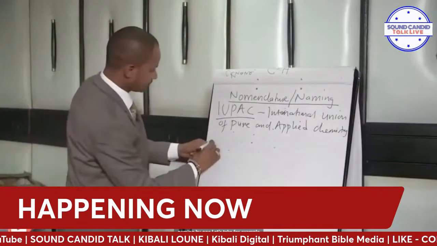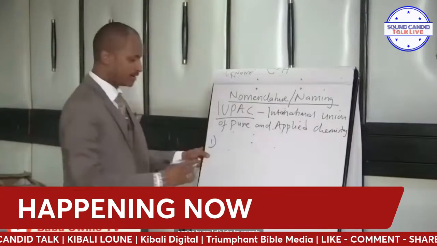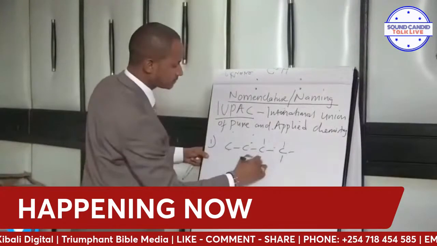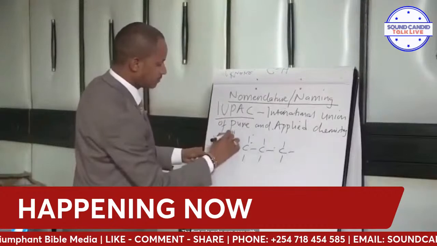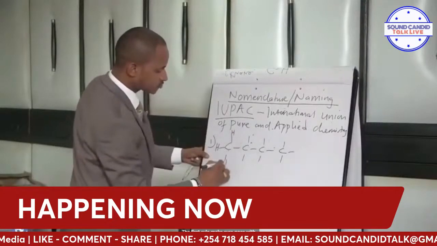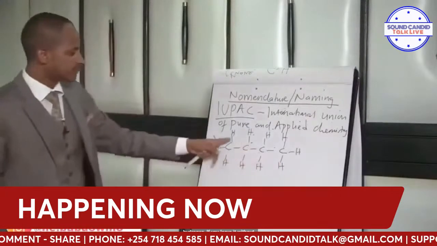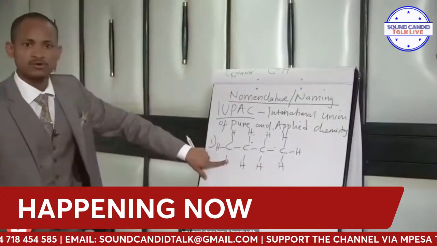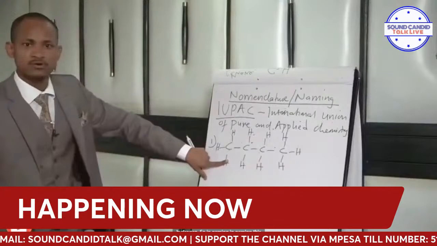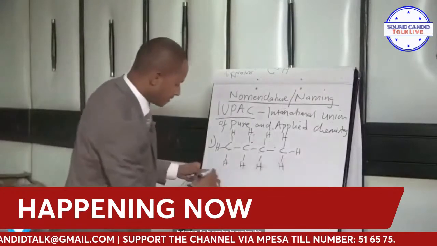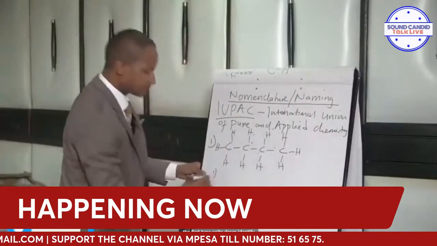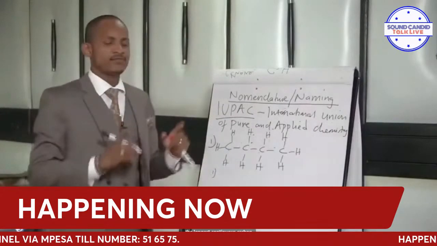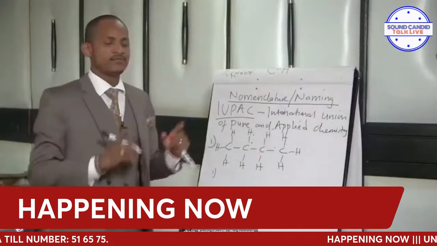If we start naming, let's take for example that. The first rule, make sure you show the hydrogen. If you leave it without the hydrogen, this is wrong, because you must show how it bonds with hydrogen. In naming this, the first step, write down, identify the longest continuous carbon chain.